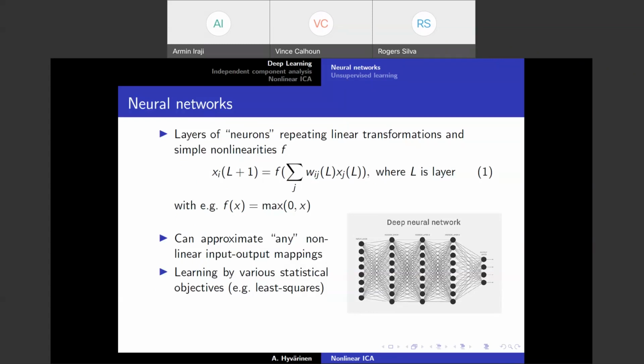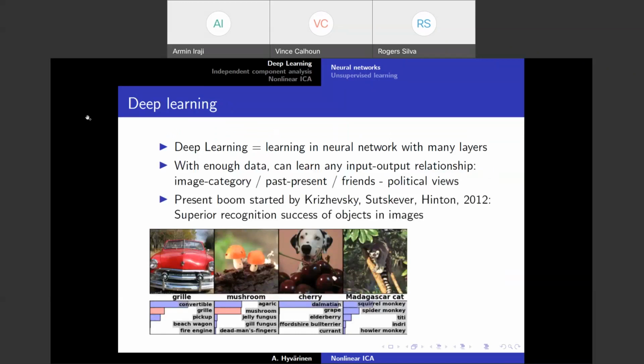Fundamentally a neural network is just a function approximator, but when we combine that with some kind of statistical objective, in the simplest case a least squares criterion, then we can learn. And that is basically deep learning, especially when we have many layers.